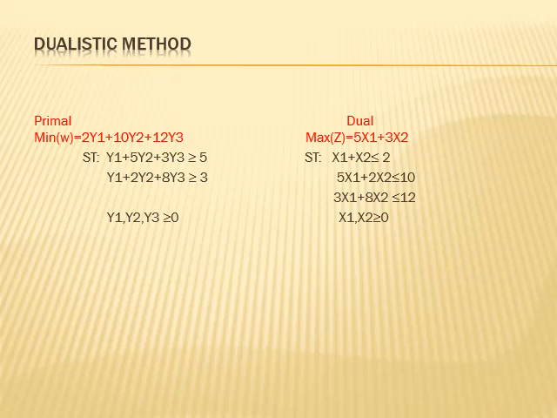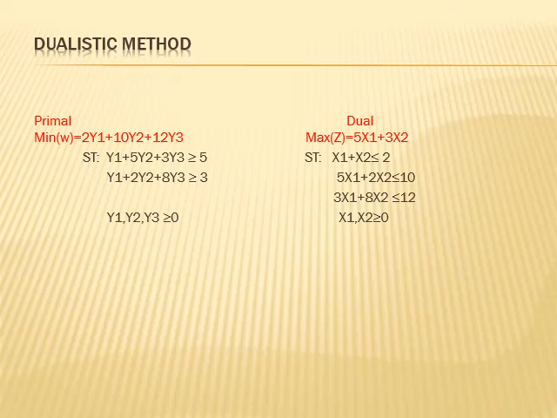Also, two constraints are given. The first: 5y1 plus 5y2 plus 3y3 is greater than or equal to 5. The second constraint: y1 plus 2y2 plus 8y3 is greater than or equal to 3.